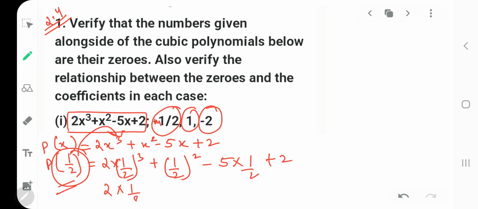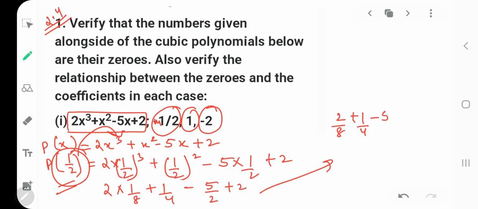2 into 1 upon 8, plus 1 upon 4, minus 5 upon 2, plus 2. That is 2 upon 8, 1 upon 4, 5 upon 2 plus 2. Let's take the LCM. 1 plus 1 minus 10 plus 8.